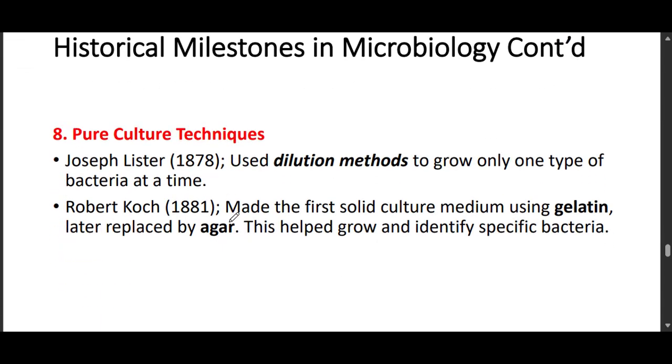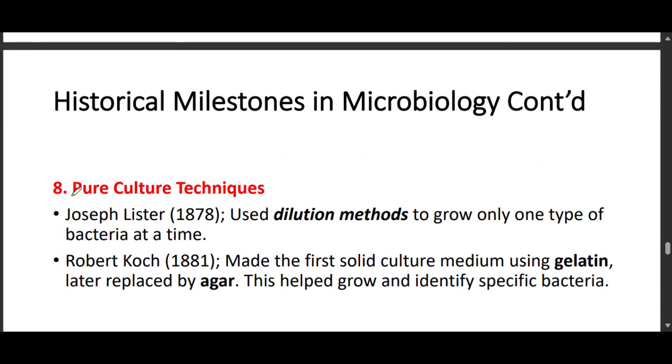Then we also have pure culture techniques. You find that Joseph Lister used dilution methods to grow only one type of bacteria at a given time.